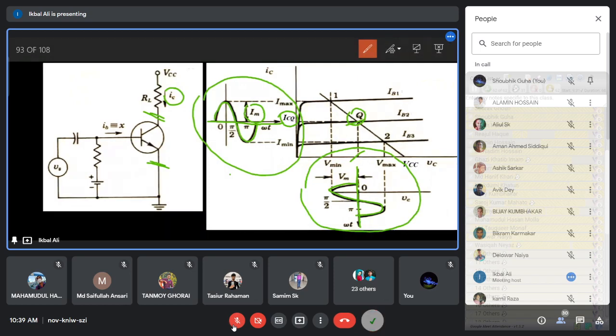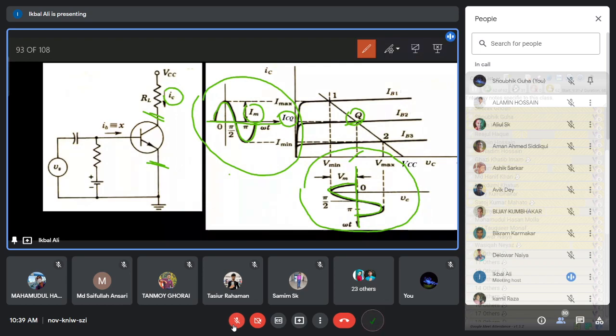So this is a very simple way you can understand what is going on before you apply the signal after the biasing, and as soon as you apply the signal, how the signal voltages are developed at the output side of the transistor. This is a pictorial description. If you follow this pictorial description, it will be very clear to understand what is actually going on.